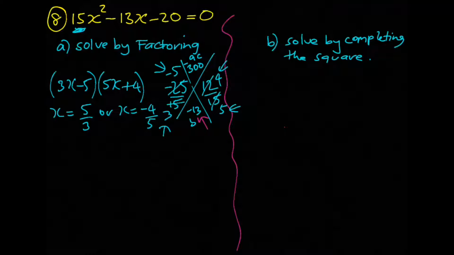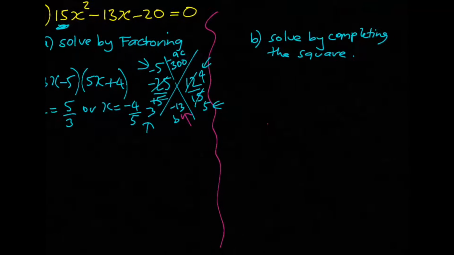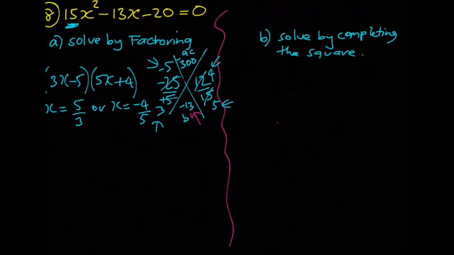Okay, let's go ahead and complete the square for the same equation. Now first of all, we've got to divide everything by 15 so that we've just got a coefficient of 1 in front of the x squared. So it's x squared minus 13 on 15 x minus 20 on 15 equals 0. I want to bring this over, and we also want to add and subtract the square of half of the b value.